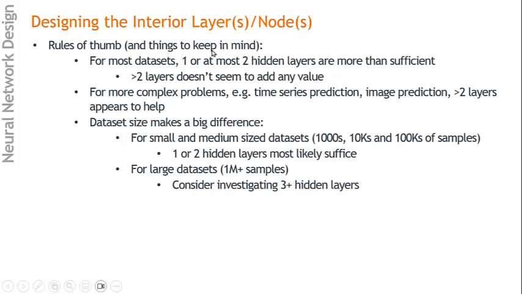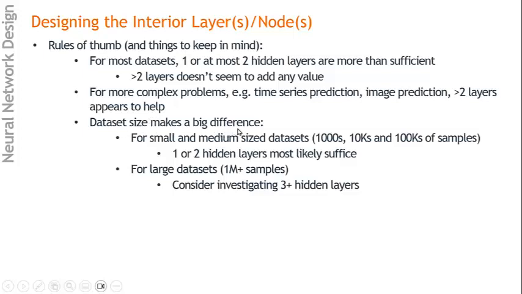So here are some rules of thumb. For most data sets that are not really large, 1 or 2 hidden layers are more than sufficient. But for more complex problems like time series and image prediction, more layers certainly helps a lot. And the size of the data set makes a big difference.